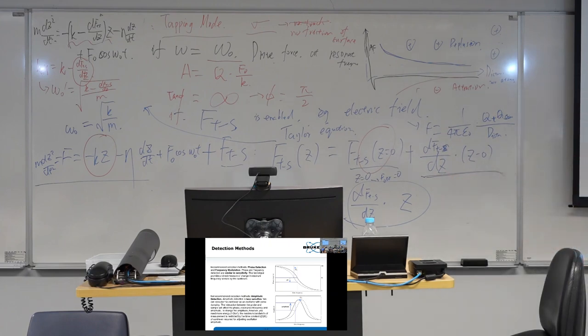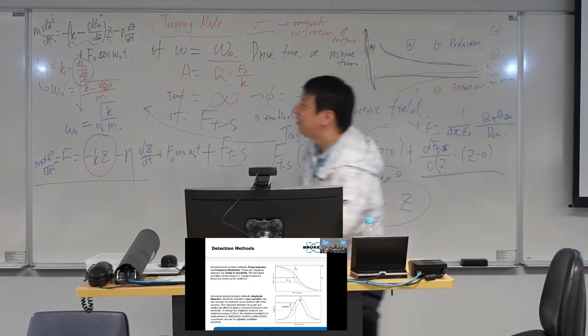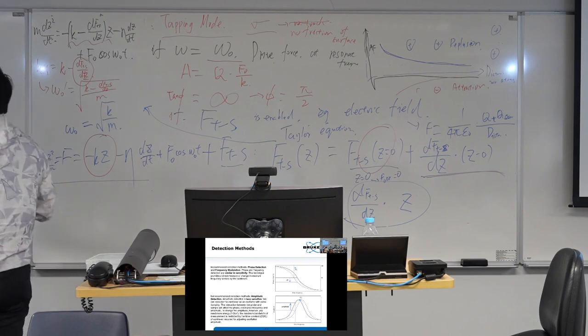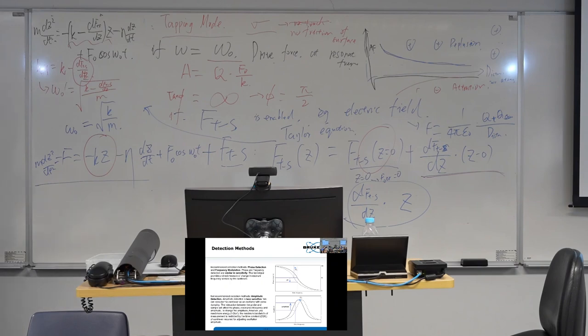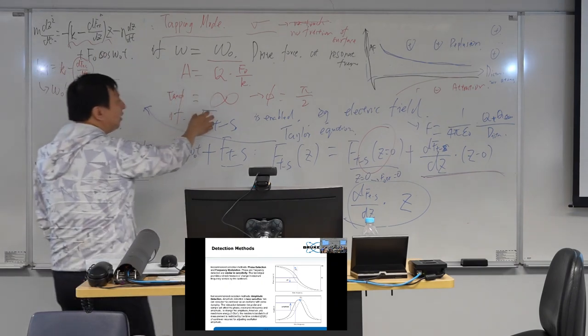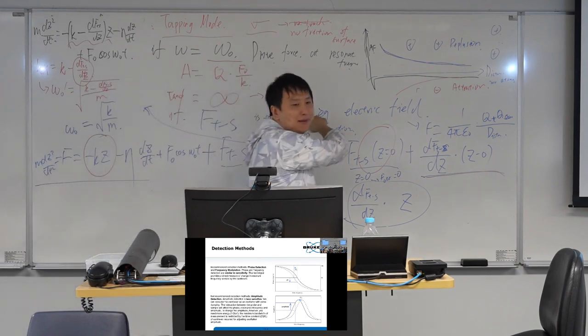That's how it happens. Okay, so again, we have a probe, and we drive the probe to oscillate at the resonance frequency here. So the probe will have a resonance. The amplitude will increase. The phase will equal half pi.